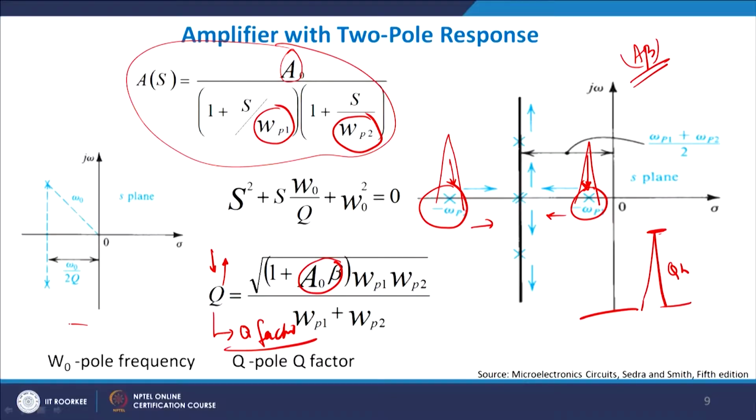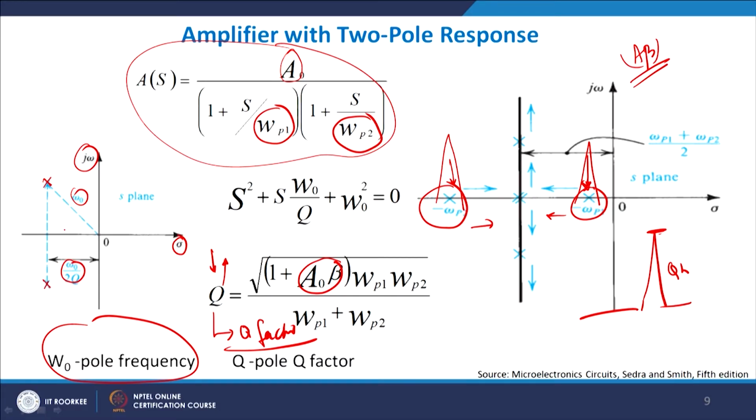Omega 0 is referred to as the pole frequency of the design, and this pole frequency gives you the value of your radial distance. So in a j omega versus sigma plane, we define this to be the sigma axis and this to be the j omega axis. Then if my poles are complex conjugate and lying on the left half plane, we first plot them and then check the value of omega naught and omega naught by 2Q, which is this distance.